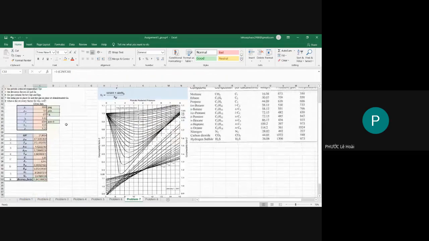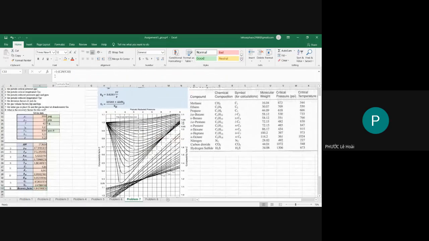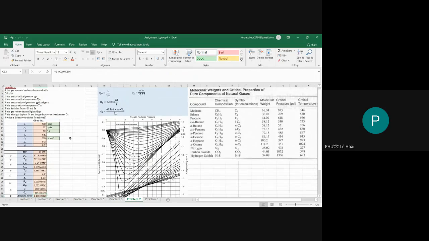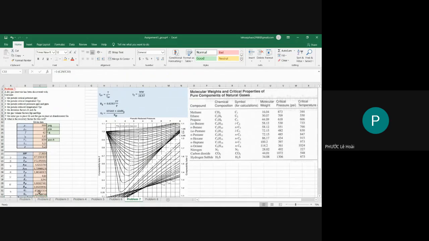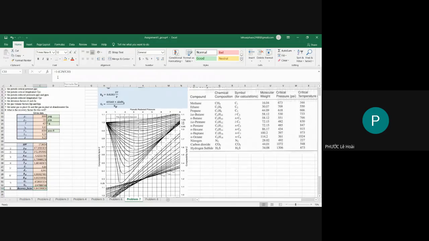You can calculate it by using 1 minus the gas volume factor BGI divided by the BGA. You have the recovery factor is about over 80%.